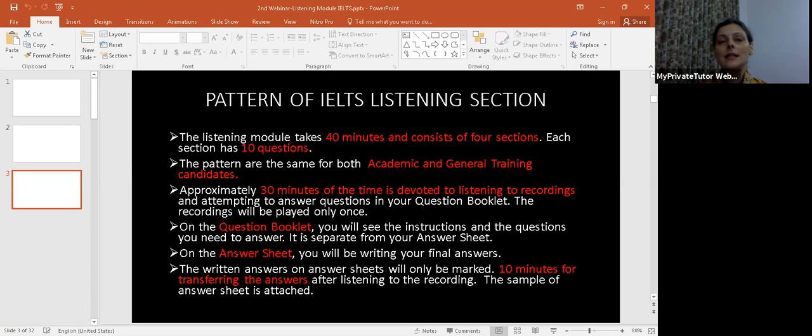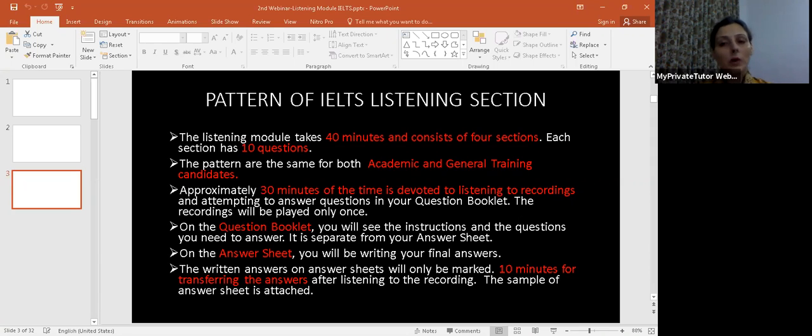So this listening module is based on enhancing your listening skills and developing strategies to enhance them.